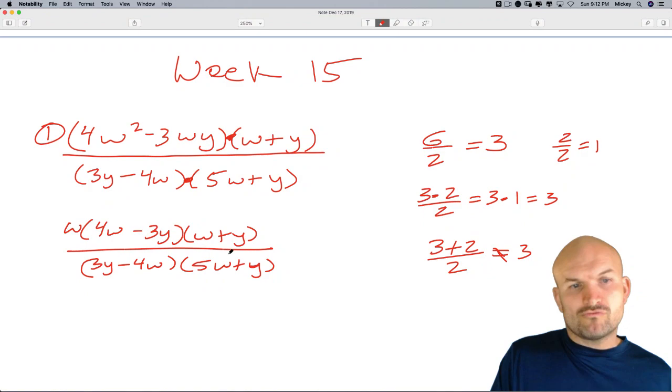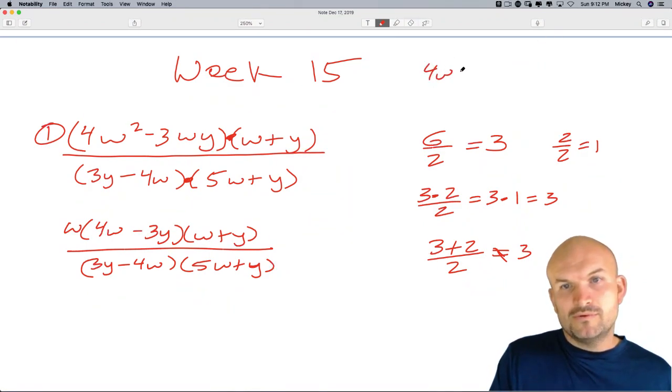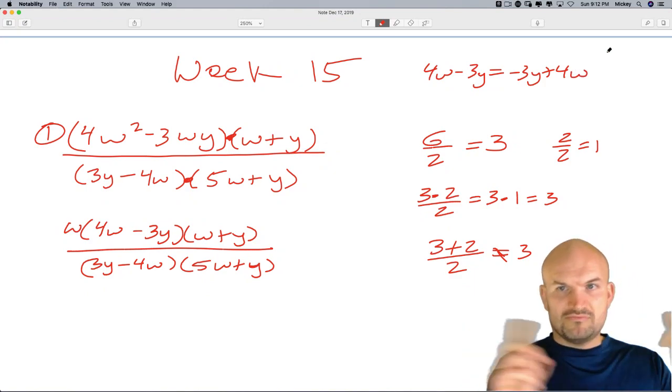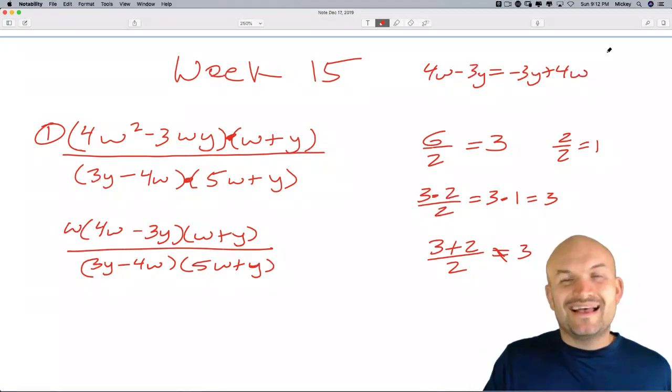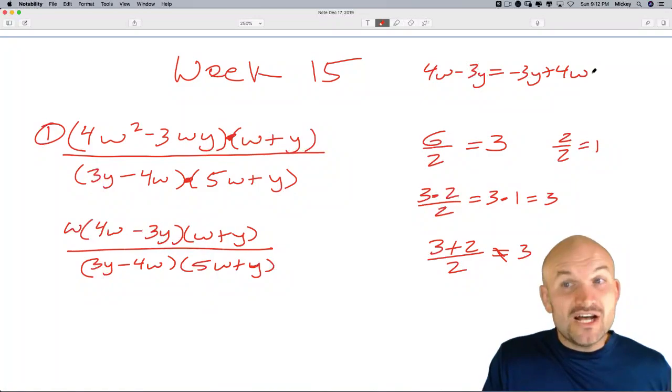If you have 4w minus 3y, that's the same thing as negative 3y plus 4w. You just flip them around, making sure you keep the signs. That's also the same as factoring out a negative.